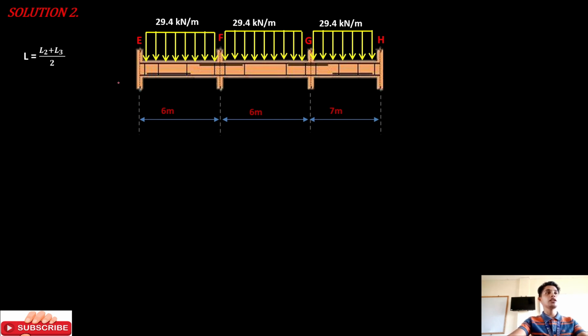So, since ang pinakamalaking length is 7 meters, automatic nasa G yung maximum moment. Pwedeng dito, o dito. So, ano ba yung formula dito? Ito ba is WL squared over 10, exterior face of the interior support, at dito is WL squared over 11. So, pipiliin natin is WL squared over 10, kasi mas maliit yung 10 sa 11, so mas malaki yung result na ibibigay niya.